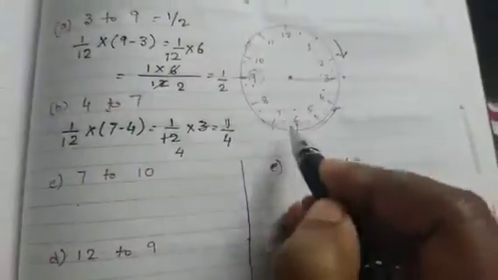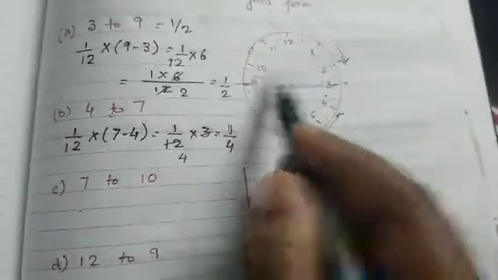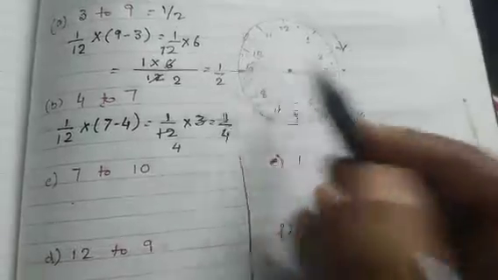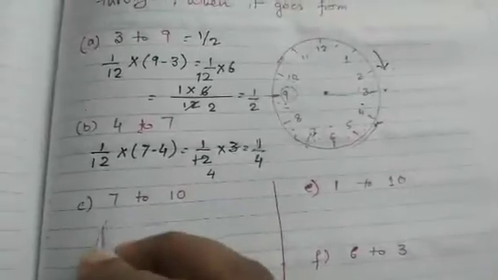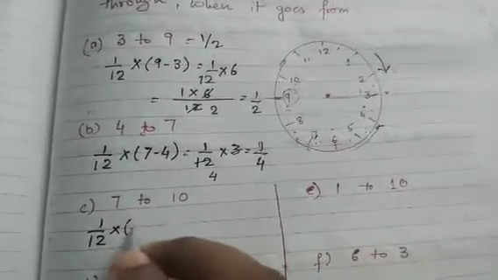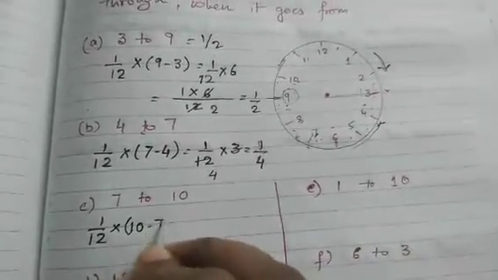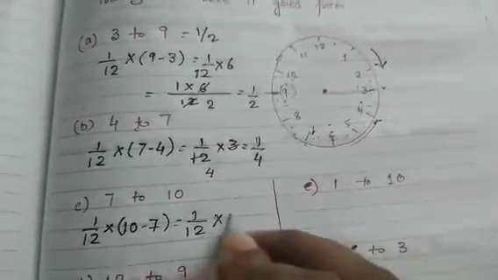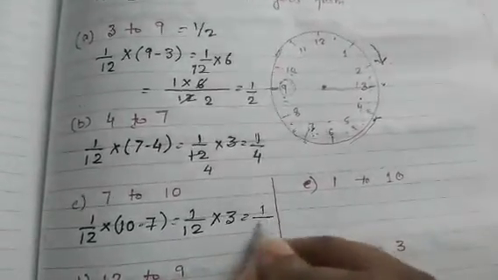Again 7 to 10. How many divisions from 7 to 10? 1, 2, 3 divisions. Same thing: 1 by 12 into 10 minus 7, which is 1 by 12 into 3. That will make it 1 by 4.